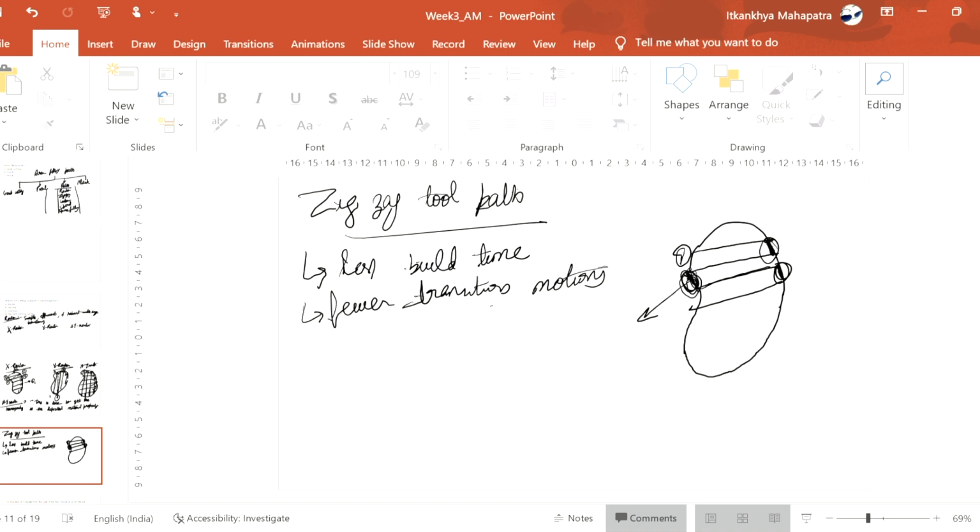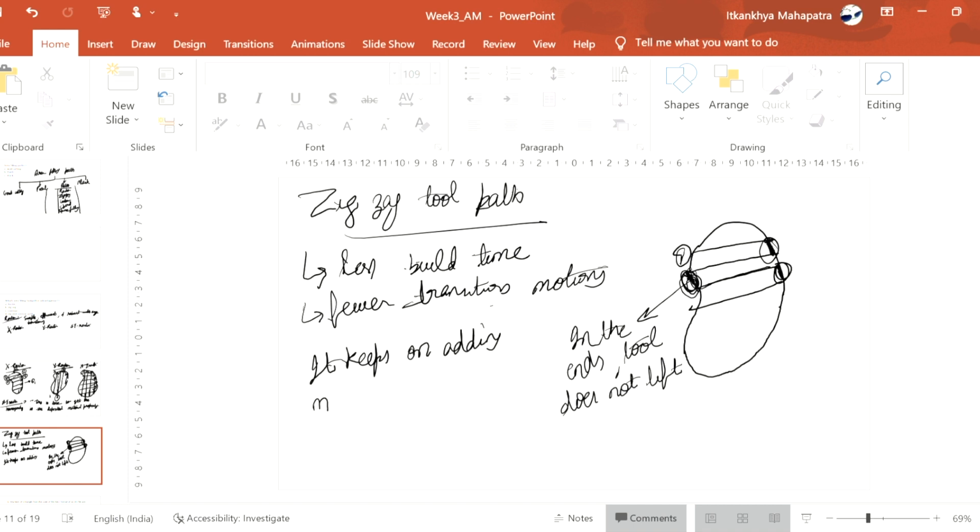Now at these ends, the tool does not lift. It keeps on adding material and reaches the next line.